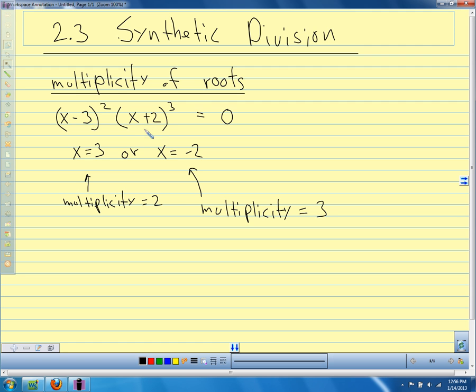So if the question asks you the multiplicity of a root, it's asking you, when we solve it, what is this exponent? The multiplicity of the root is important because of how it affects the graph. The graph touches the x-axis where the roots have even multiplicity.